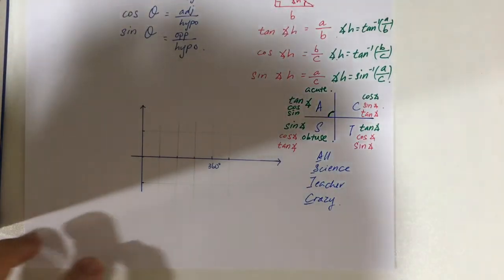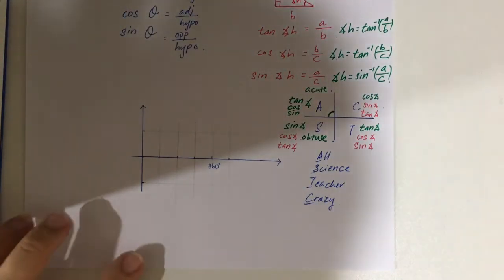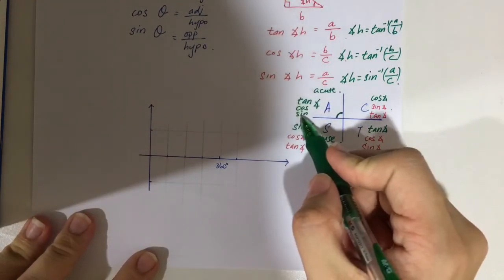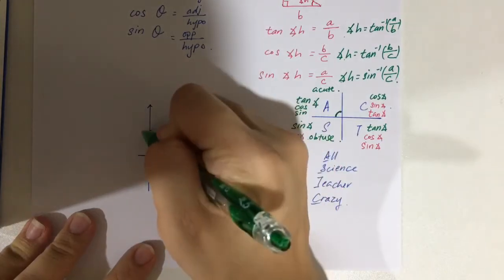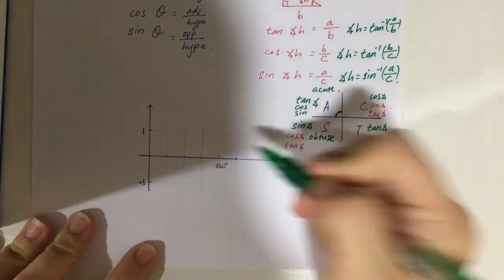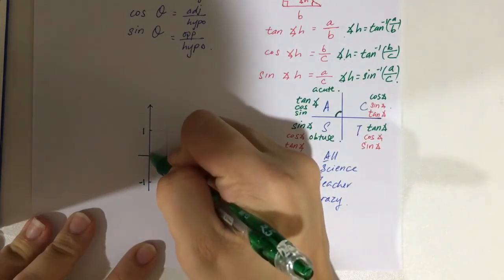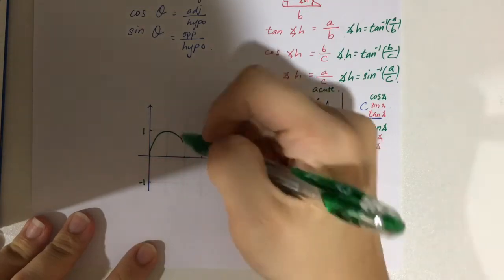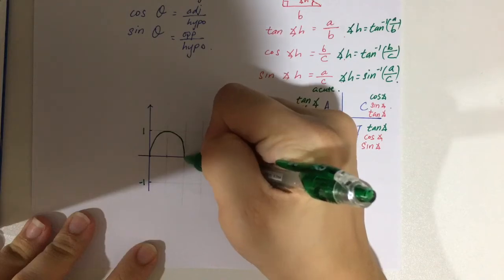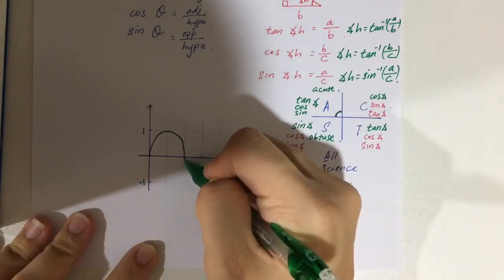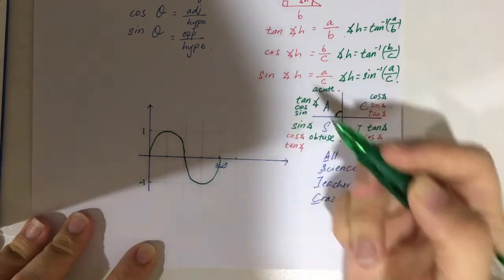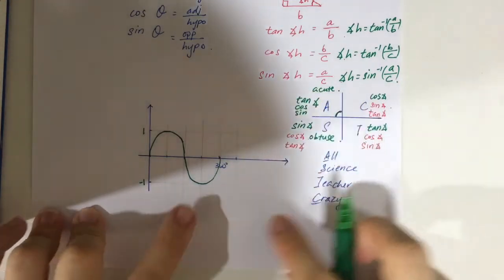So what does this mean? For sine, this is 1, this is negative 1. It will have a curve that looks something like that, and it will move down this way. So this refers to the sine curve.